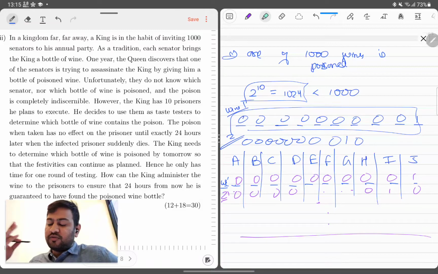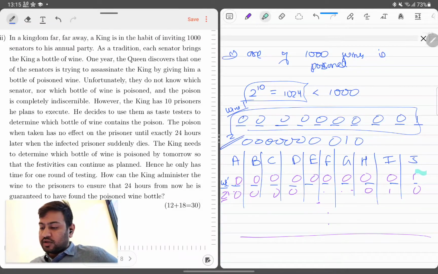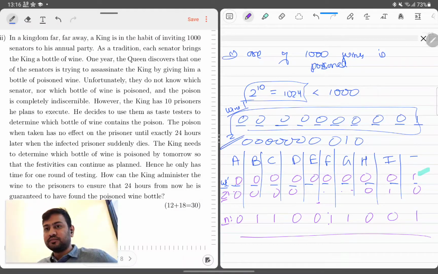Then what do you give to the first prisoner? The jth prisoner will get a combination of all those wines for which he's getting a positive score. So let's say there's some nth wine for which the binary code looks like 0110011001.